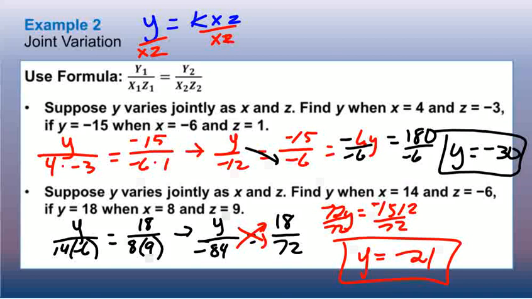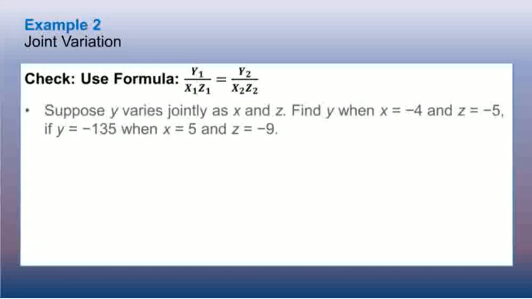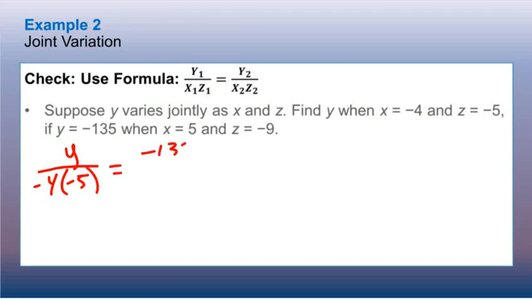So when you have the formula and you're given the numbers, you can just substitute them in and it will give you an easy way to solve the problem. Check with this one, we need to find y when x is -4 and z is -5, when y is -135, x is 5 and z is -9.